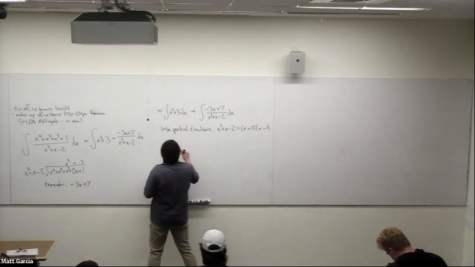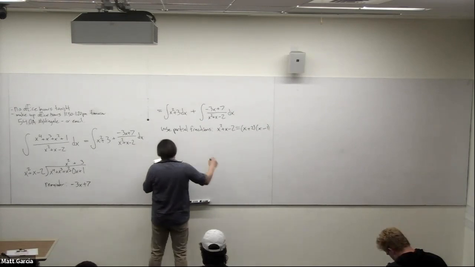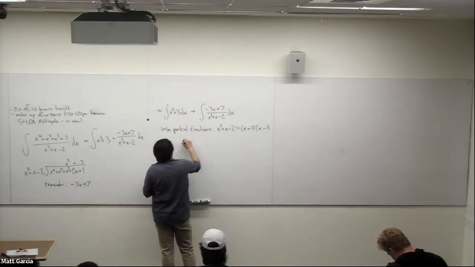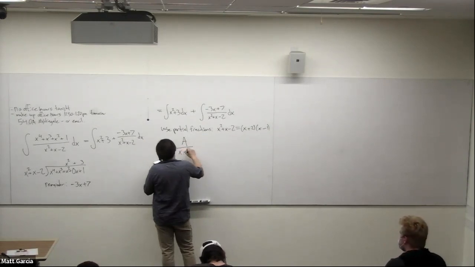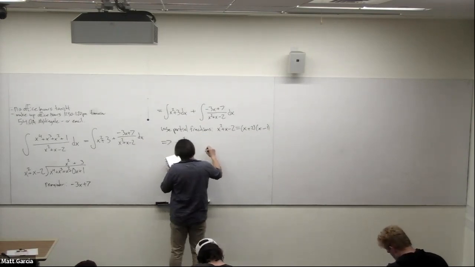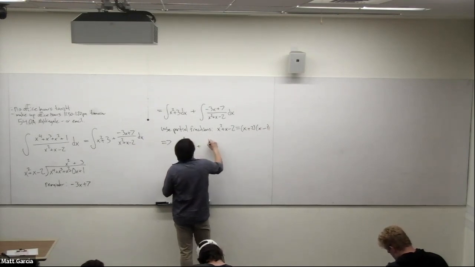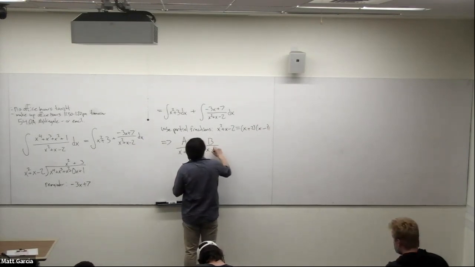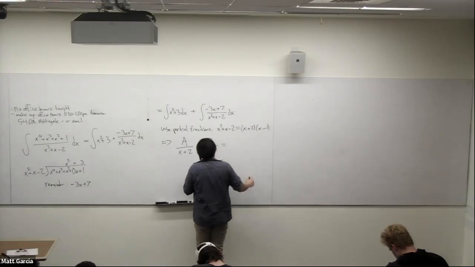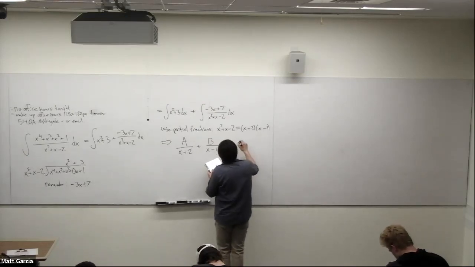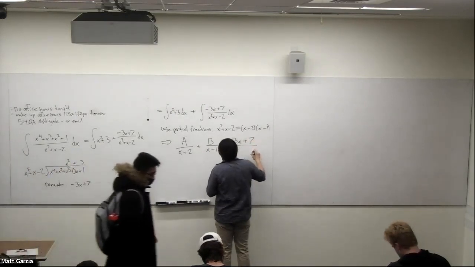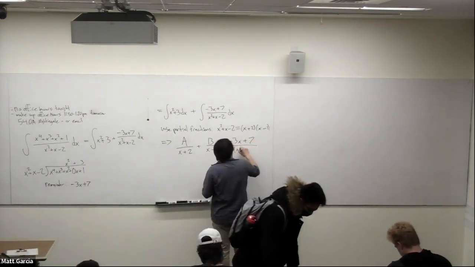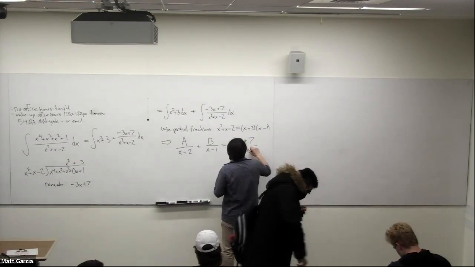Okay. So what we have is we're looking for constants A divided by x plus 2 plus B divided by x minus 1 equal to negative 3x plus 7 divided by x plus 2 times x minus 1.